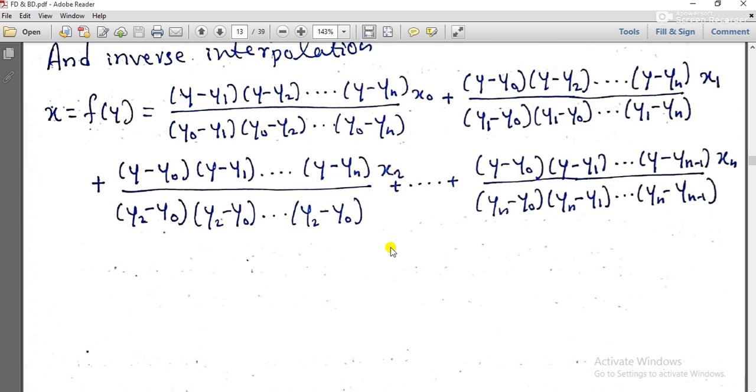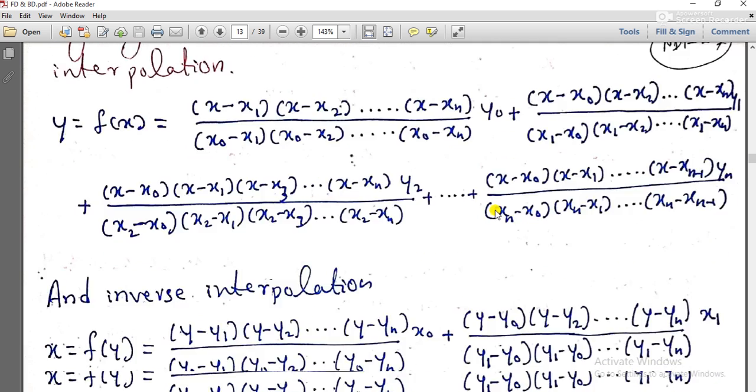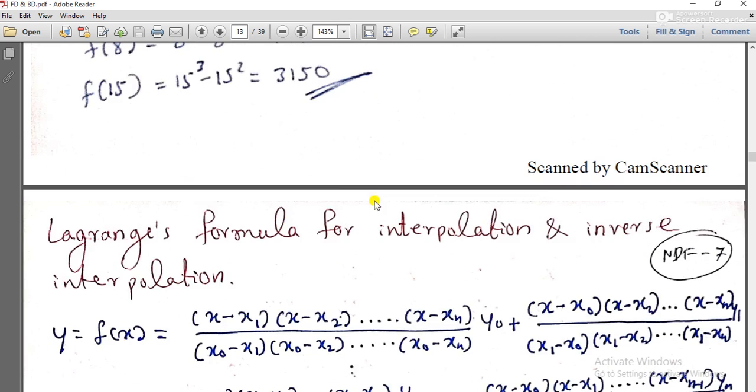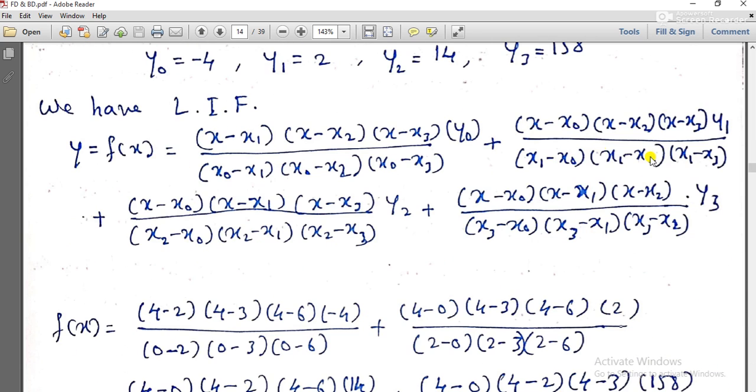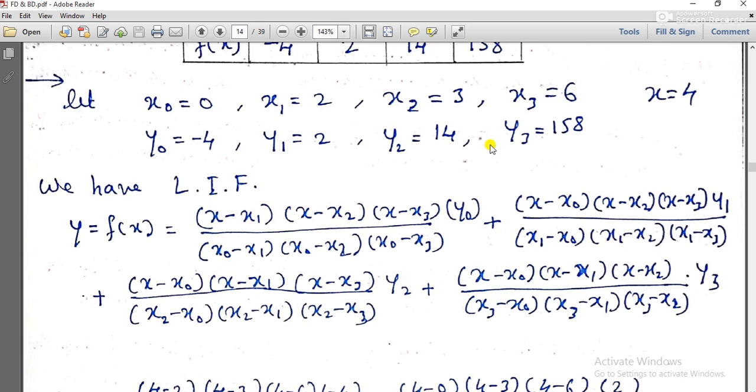Here the Lagrange's interpolation formula is there, so the same formula we can write here: (x minus x1)(x minus x2)(x minus x3) into y naught divided by (x naught minus x1)(x naught minus x2)(x naught minus x3), up to x3 only, because your last value is x3; x4 is absent.